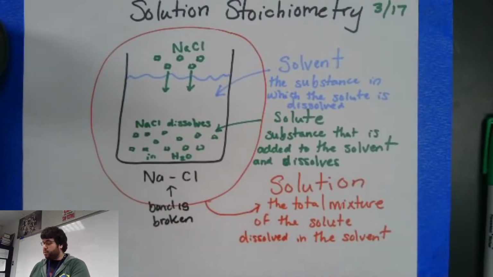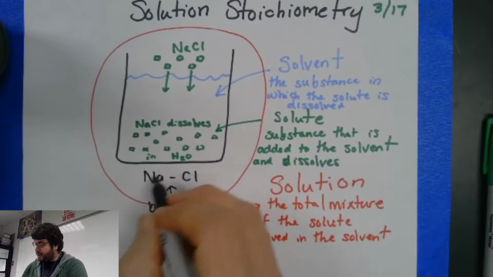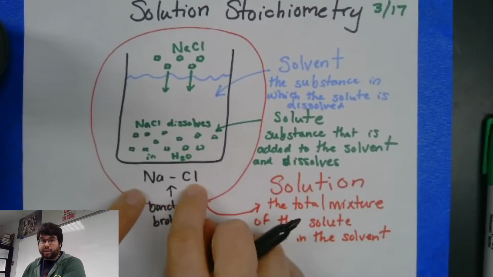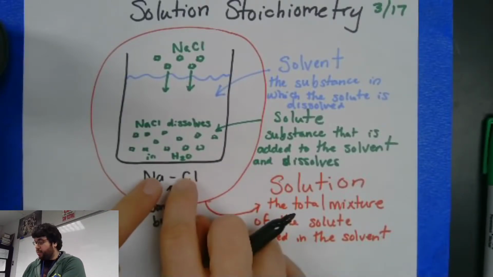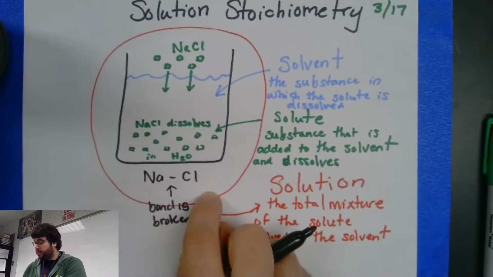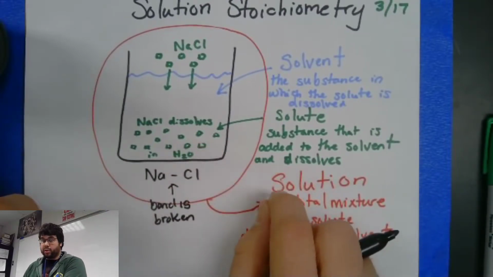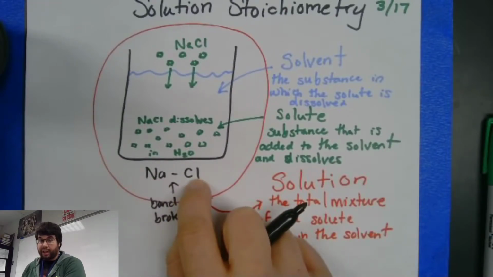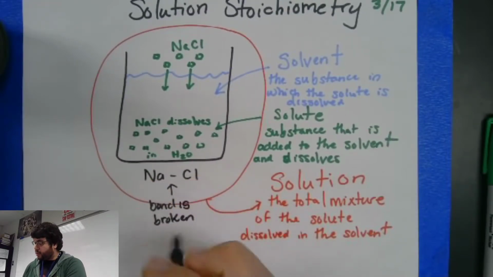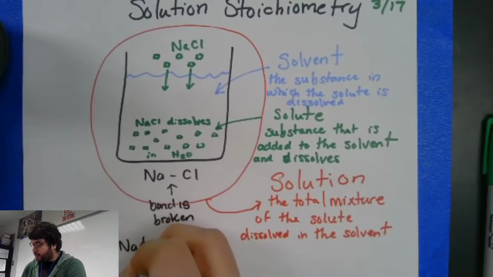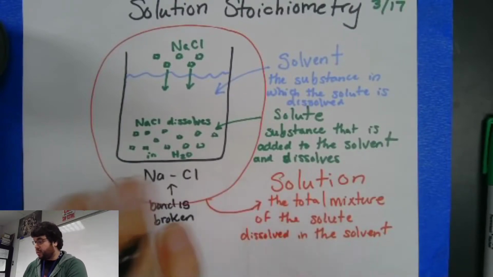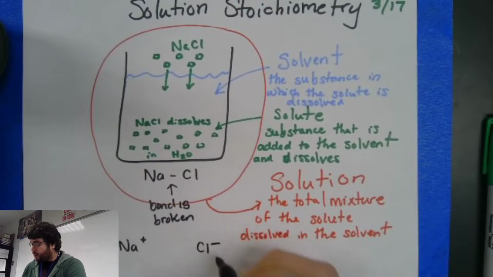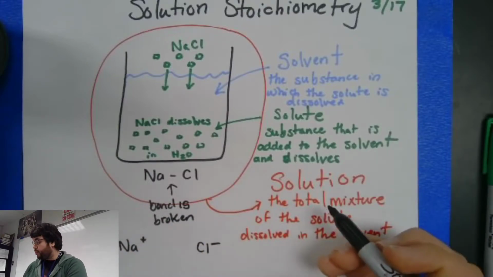The bond is broken, and the ions that make up the molecule sodium chloride break apart from each other because the water molecules pull the sodium and the chlorine atoms away from each other, and so you get Na+ over there sitting on its own, and Cl- over there in the water sitting on its own as well.